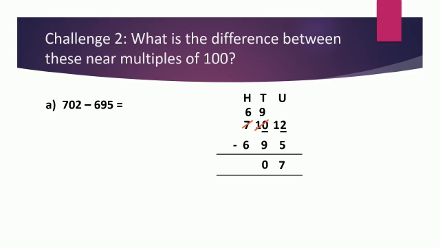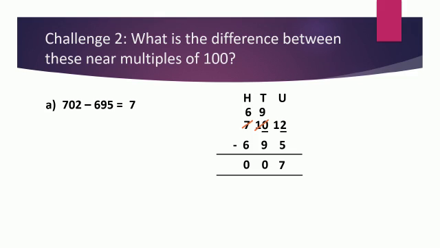Then move to the next number, which was 7 before, but we have taken carry from 7, so it will be now 6. 6 minus 6 is equal to 0. 0, 0, 7. We have got this answer. Understand? So it means that 702 minus 695 is equal to 7. It was part A of challenge 2.